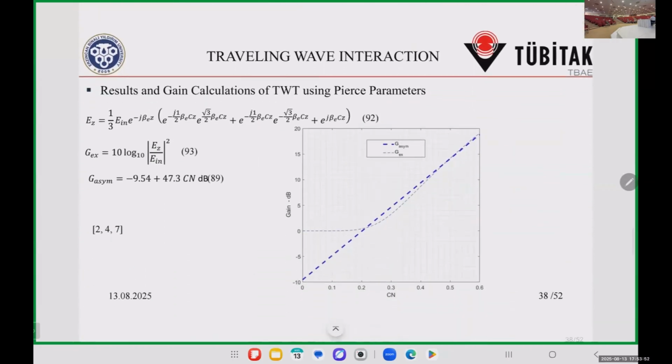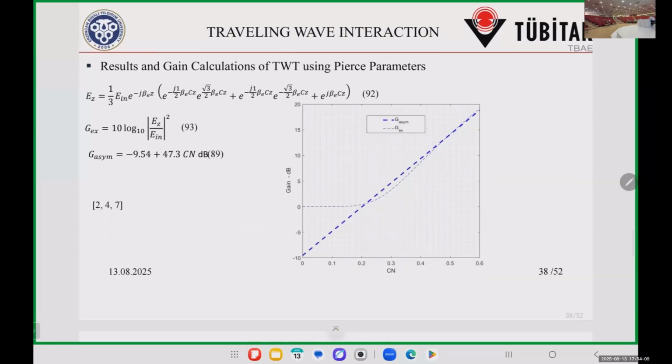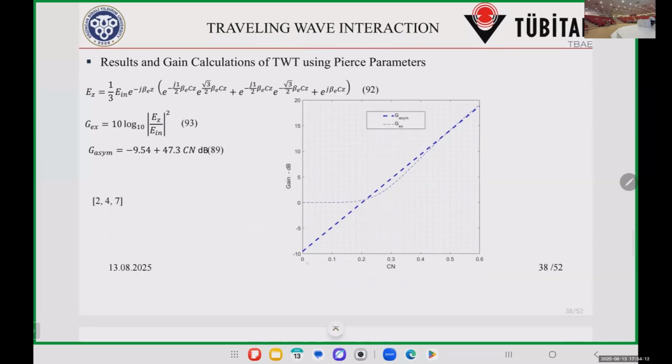If we calculate the exact power gain, then we can write this equation 93 here. So if we compare it, we can see we have here initial loss when Z equals to 0 or Cn equals to 0.